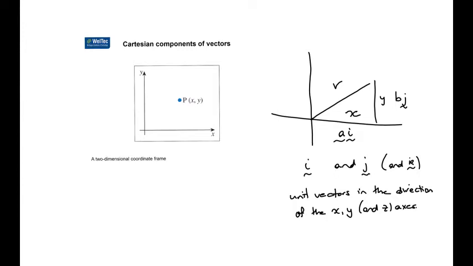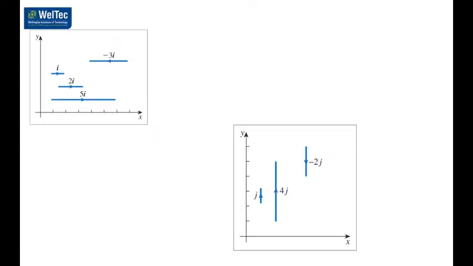And they're not to be confused with complex numbers. In the top left diagram, all of these vectors are multiples of I, the unit vector in the X direction.